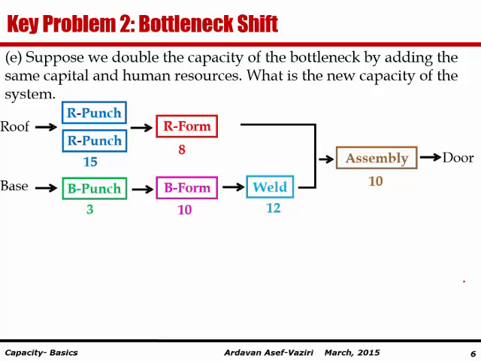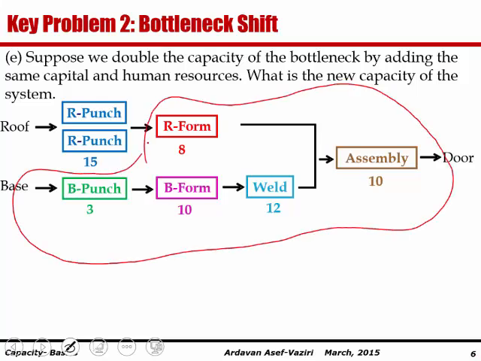We learned that one way of increasing capacity is to increase the level of the resource. If you have one resource, buy a second one. If you have two resources, buy the third one. Nothing has happened here, correct?